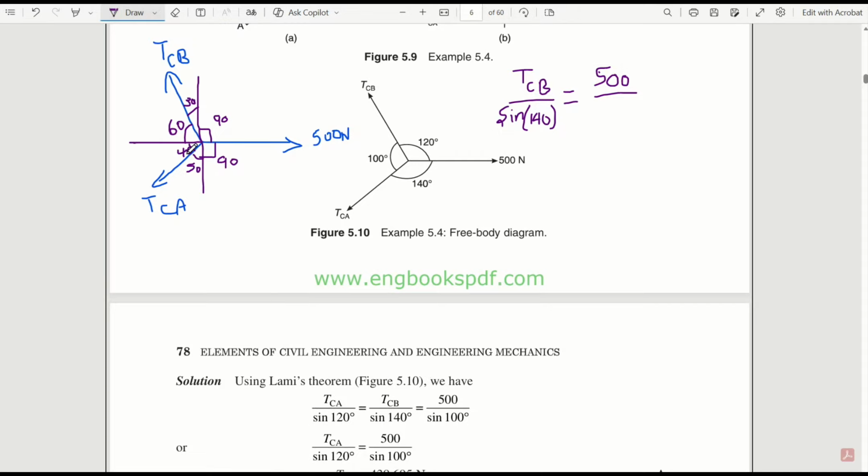Between these two it is 60 plus 40, which is 100. So write sine of 100. Now next, TCA divided by how much? The opposite two forces are TCB and 500. The angle between them is 90 plus 30, which is 120. So sine of 120.